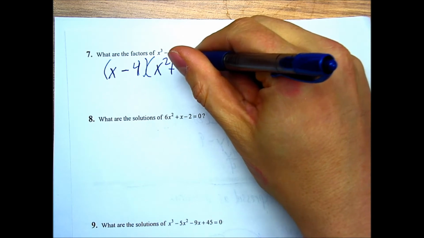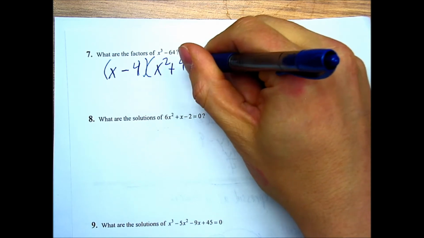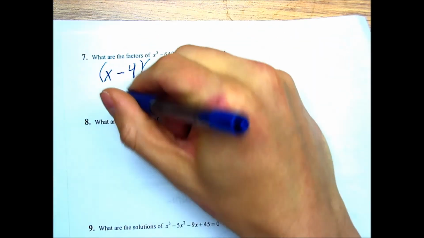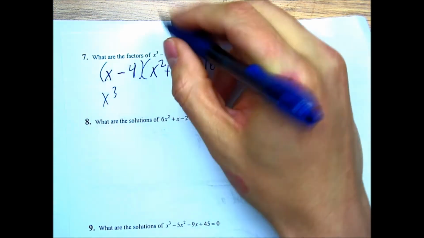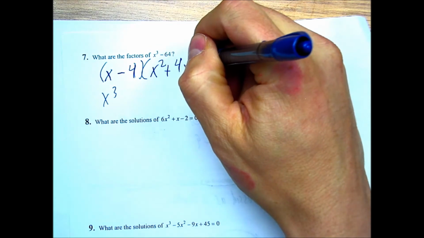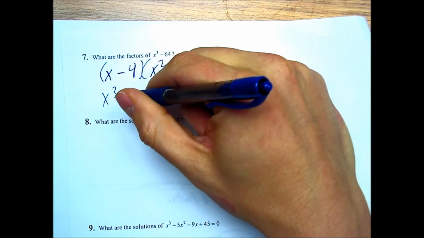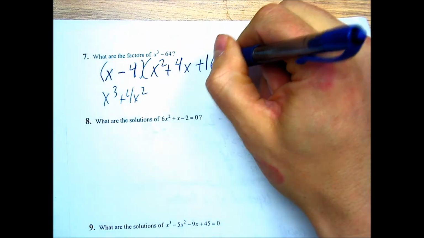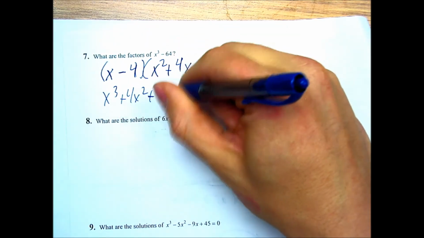And it will be a 4x. It is useful to check your work. So x times x squared is x cubed. X times 4x, well, that's 4x squared plus 4x squared. X times 16 is positive 16x.